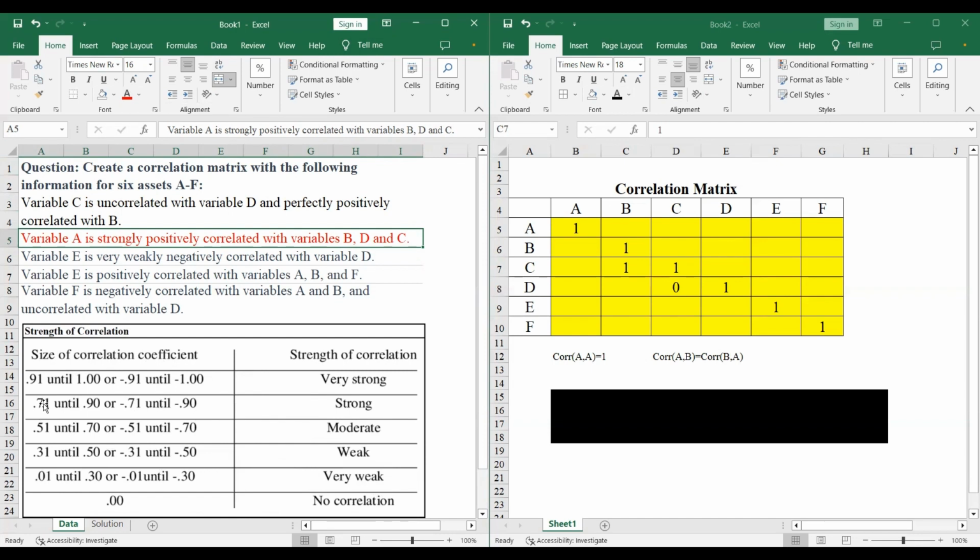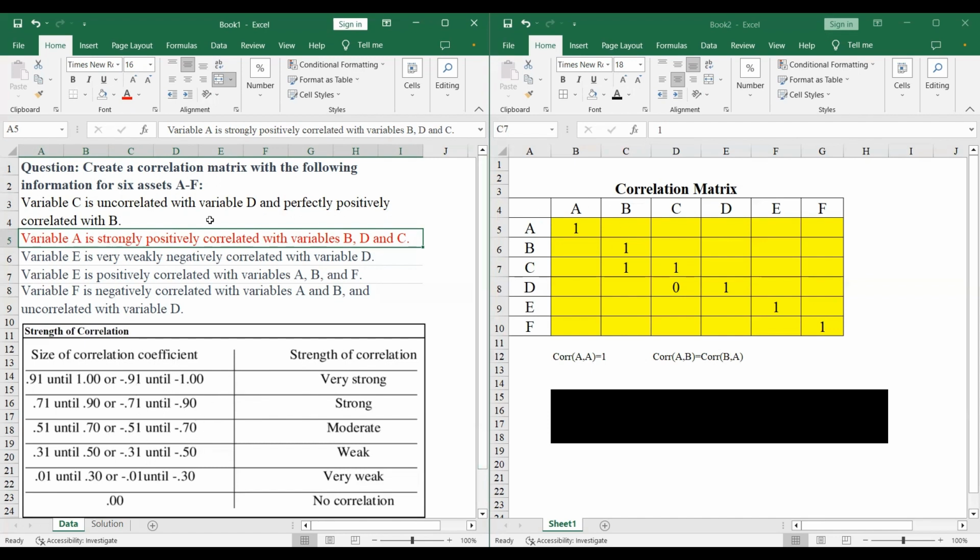When it's strong positive, the value should be between 0.7 and 0.9. For moderate, it would be 0.51 and 0.7. For weak, 0.3 to 0.5. And very weak, 0.01 to 0.3. Very strong correlation on the negative side is minus 0.9 to minus 1, and so on and so forth.